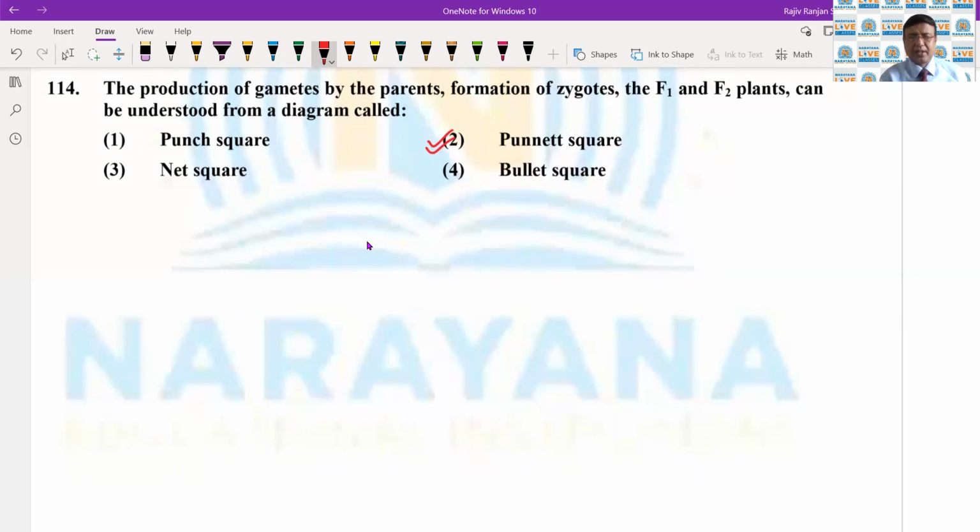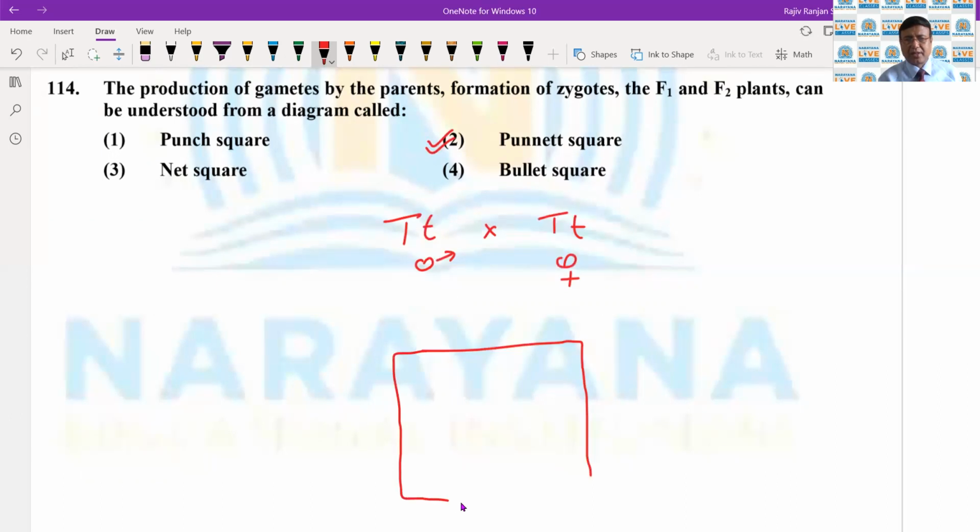Suppose there's a cross between capital T small t and capital T small t. There's a dominant T and a recessive t, and dominant T, recessive t. One is a male and the other is a female. So they make their gametes, and this cross can be represented by this box-like structure.